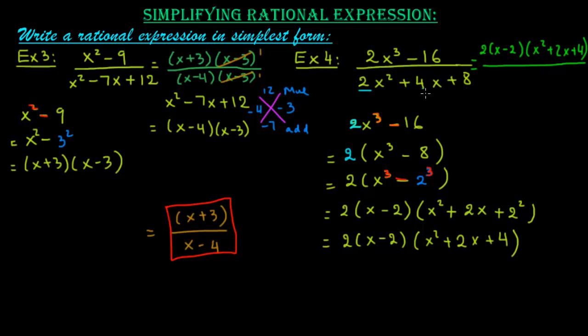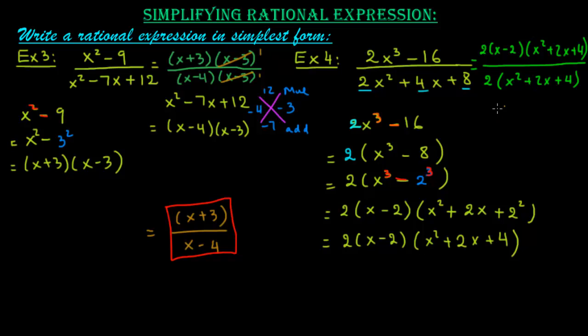As you see, they are all even numbers, which tells me that I can factor out 2. Let's factor out 2 from the bottom and see what we have. So factor out 2, we have x squared plus 2x plus 4. And if you try to factor x squared plus 2x plus 4, you will see it is prime.